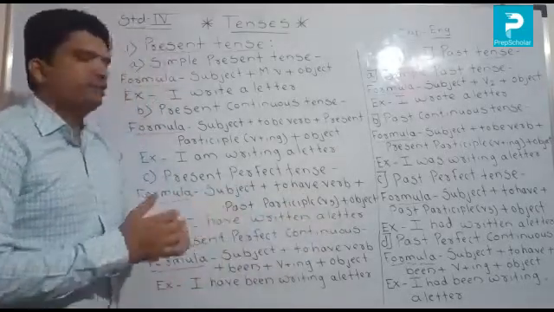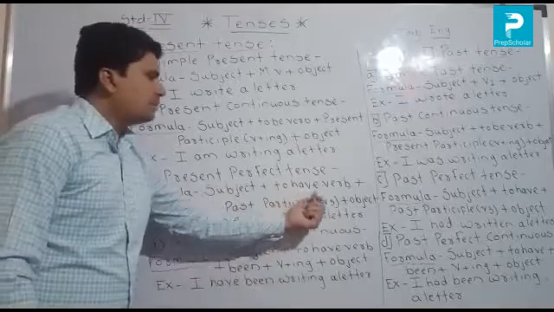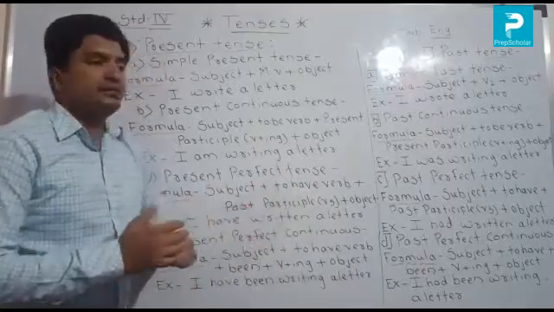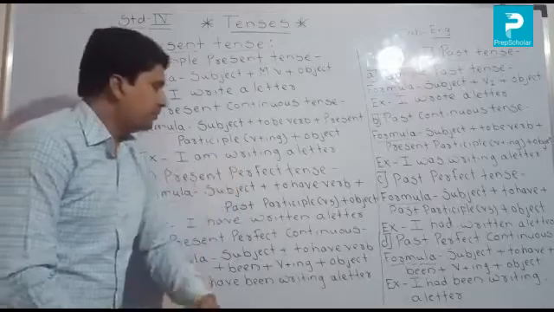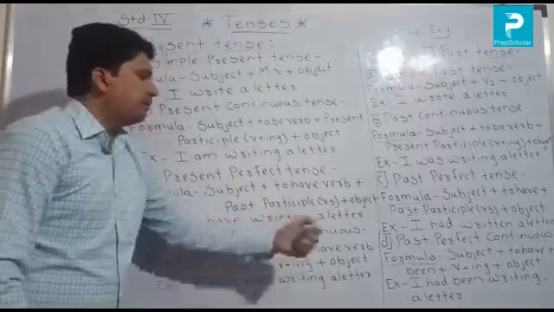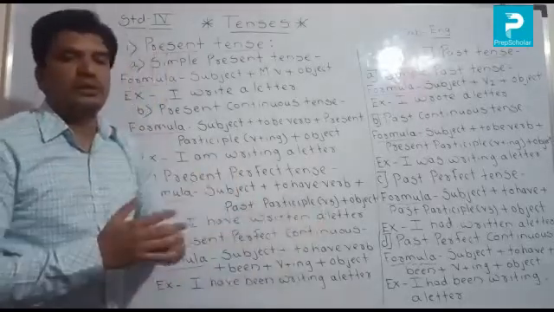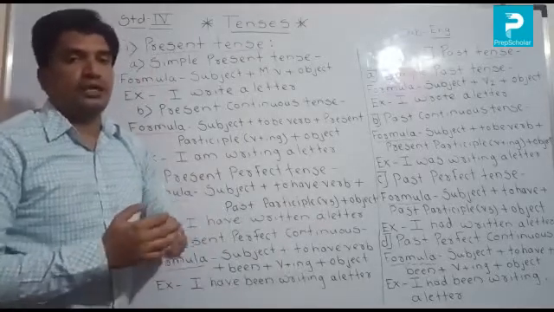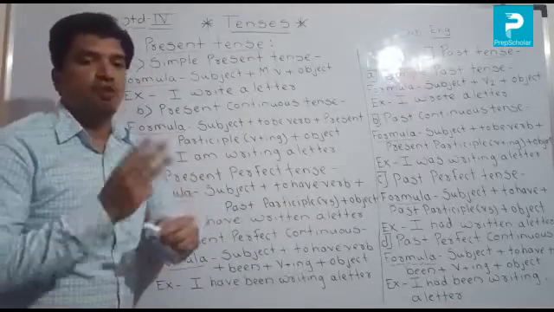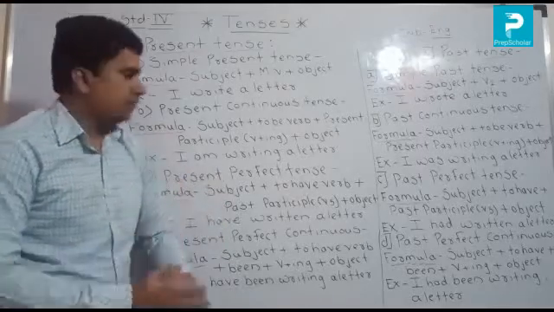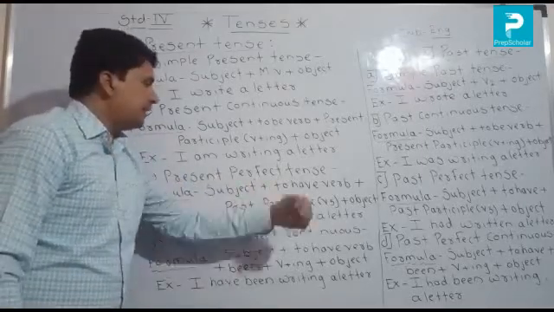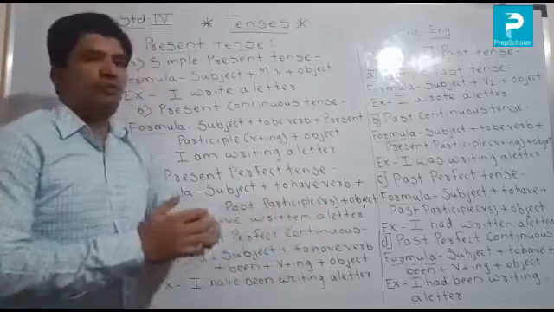Subject म्हणजे कर्ता, to have verb. आता प्रेझेंट टेन्स मध्ये to have चे verb दोन असतात, has आणि have. Then past participle म्हणजे V third म्हणजे क्रियापदाचं तिसरं रूप. प्रत्येक शब्दामध्ये त्या शब्दाचे तीन फॉर्म्स असतात, फर्स्ट फॉर्म, सेकंड फॉर्म आणि थर्ड फॉर्म. आपण प्रेझेंट परफेक्ट टेन्स मध्ये वर्बचा थर्ड फॉर्म घेतो.